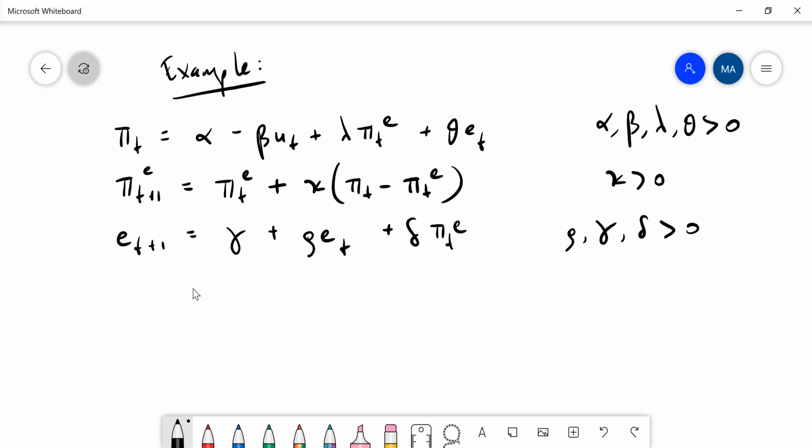There's a persistence in the evolution of the exchange rate, and also if inflation expectations get larger, then let's say people put a higher risk premium on this economy.